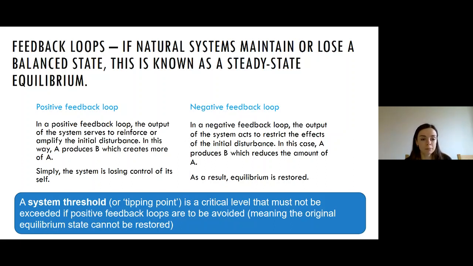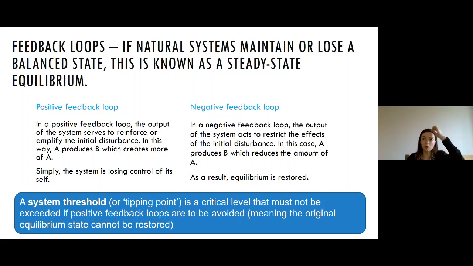Okay, so positive feedback loop. In a positive feedback loop, the output of the system serves to reinforce or amplify the initial disturbance. In this way, for example, A produces B, which creates more of A, which produces more B, which produces more A, which produces more B. So what you've got there is a system that's losing control of itself.